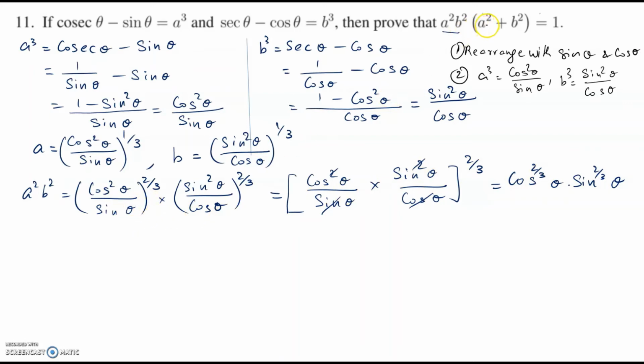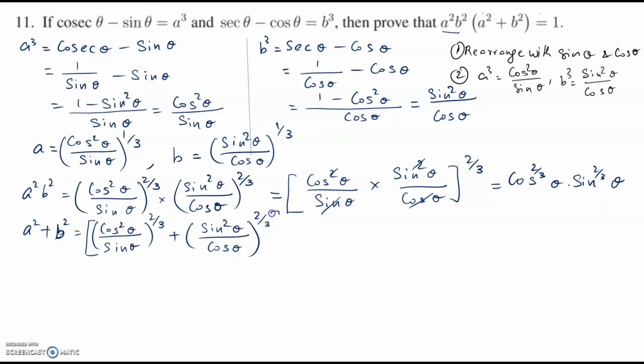Next, let's take our a squared plus b squared. So our a squared plus b squared will be equal to, our a is cos squared theta by sin theta to the power 2 by 3, plus our b, which is sin squared theta by cos theta to the power 2 by 3.